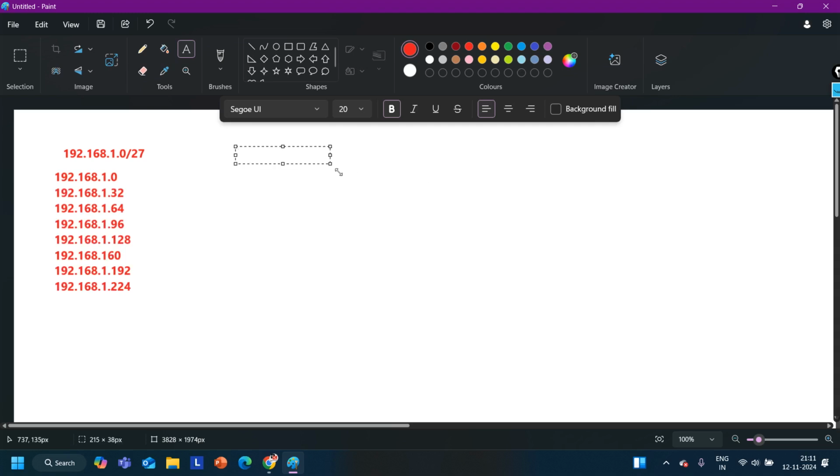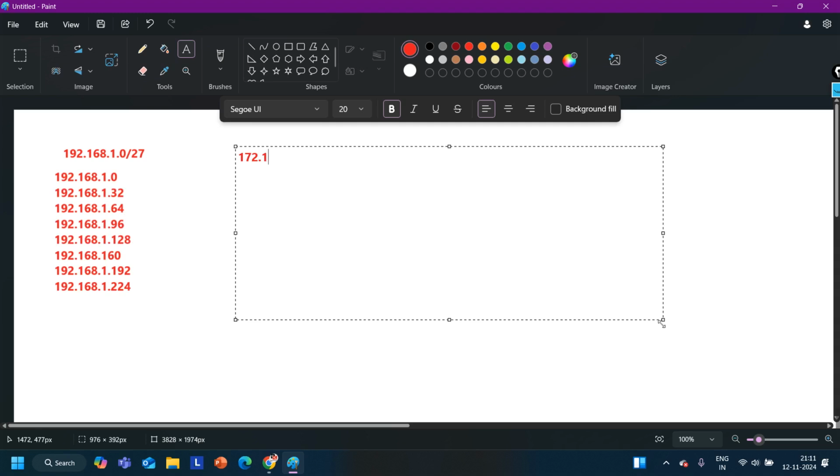Right. For class B now, I am on IP 172.16.0.0/16. This is the default CIDR value for class B, and this IP address belongs to class B only. If I am using 172.16.0.0/17, tell me how many networks are there? Two networks, since you have borrowed one bit.